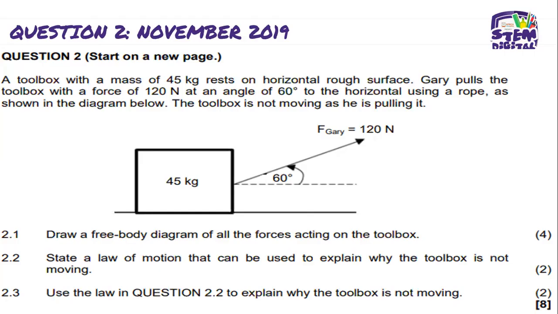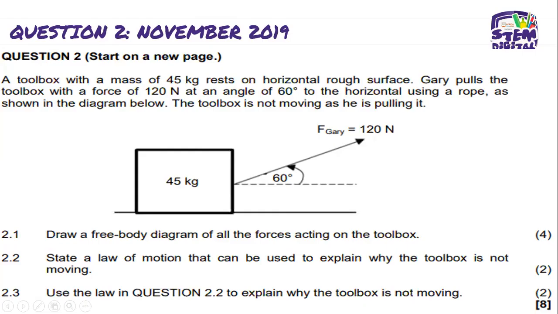I mean, if Gary pulled this object and this object started to move, and perhaps this object started to accelerate, then we would know the net force is greater than 0. But here, the object is at rest. Gary pulls it, and it still remains at rest.